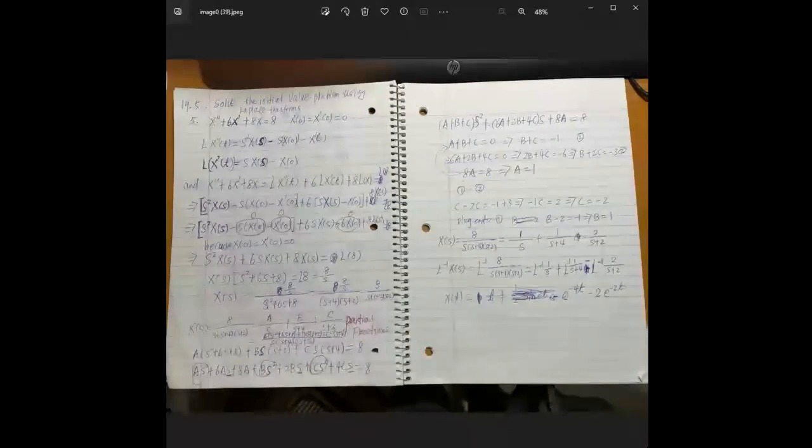We use the linearity of the Laplace transform. We get here inverse of 1 over s, inverse of this part, inverse of this part. The final answer is 1 plus e to the negative 4t minus 2 e to the negative 2t. That's the final answer. Okay, great.